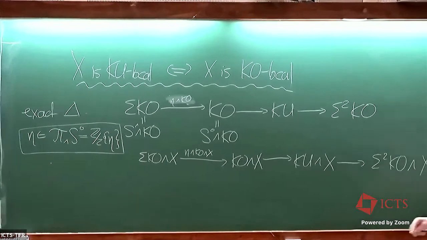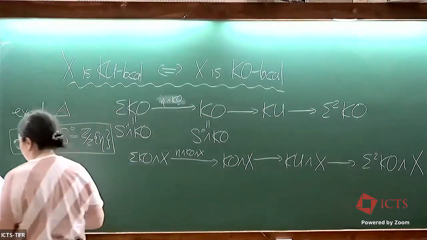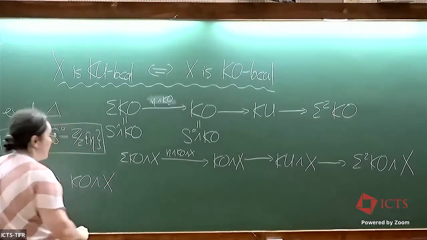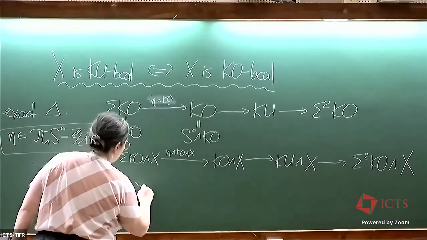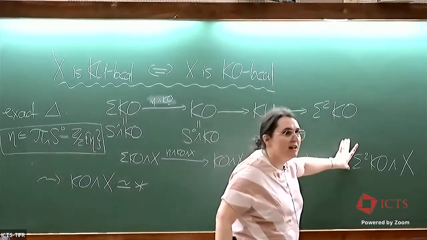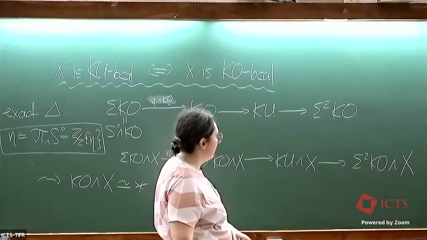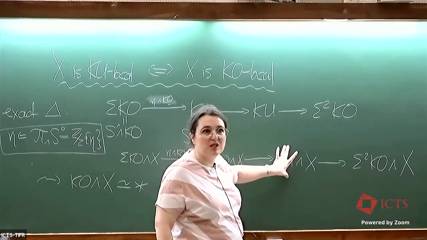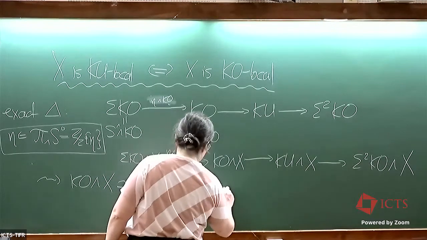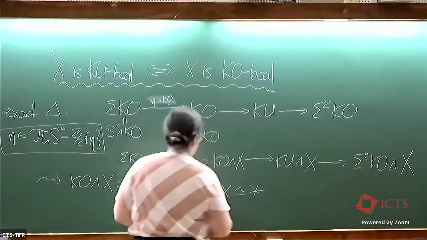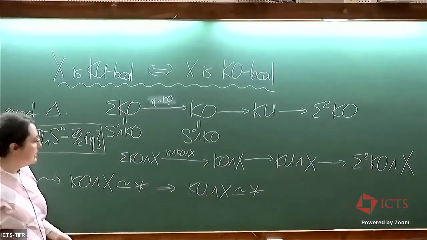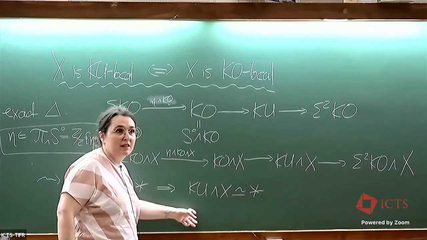And then you can already see, of course, that if KO smashed with X was trivial, then you would have 0 here, 0 here, 0 here. And by the axioms of exact triangles, this one would have to be 0 as well. So, in other words, if X is KO acyclic, then X is also KU acyclic.